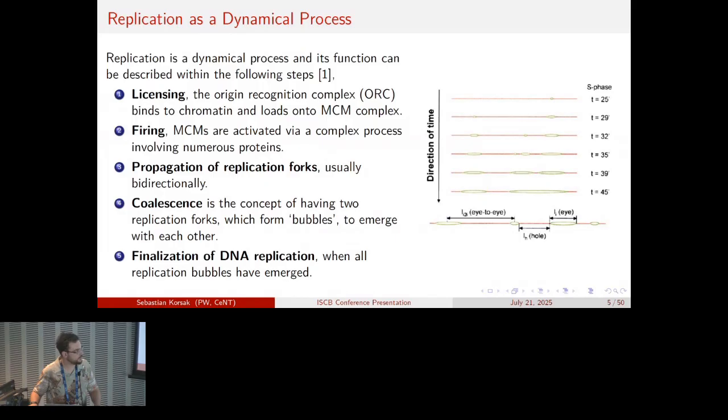If it is lower, the origin can initiate replication, and then the forks propagate bidirectionally. When a fork meets another fork, the two forks merge, and typically the replication ends when all replication bubbles have merged.